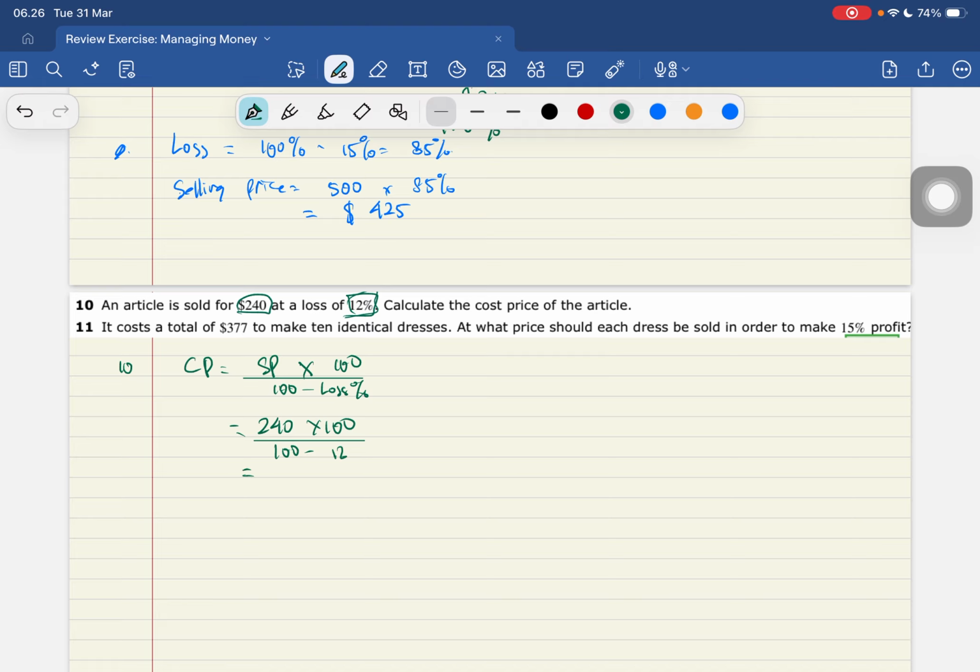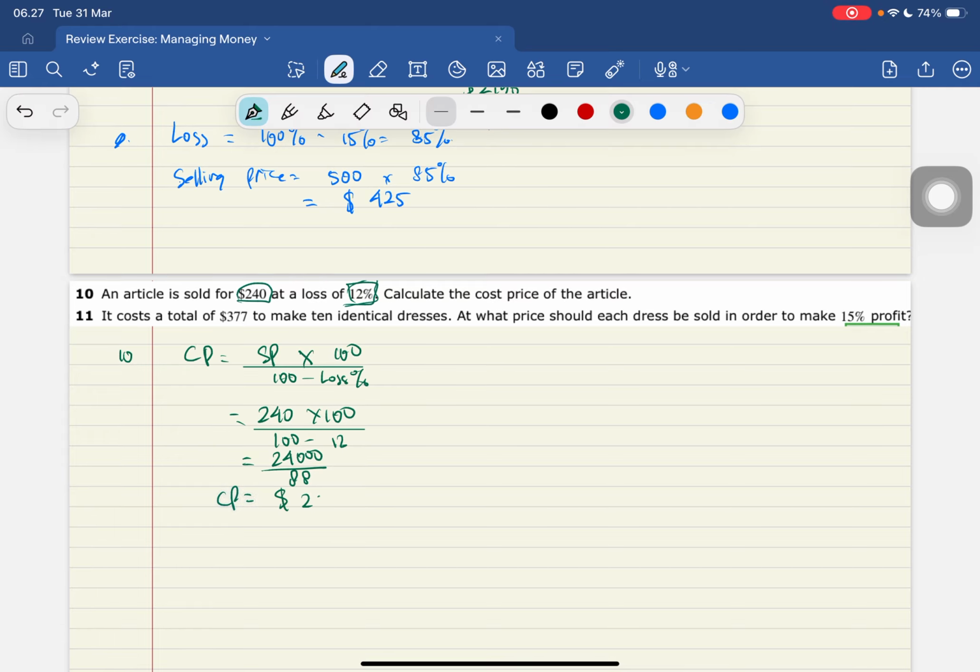So the cost price is 24,000 divided by 88. So we get the cost price as $272.73.